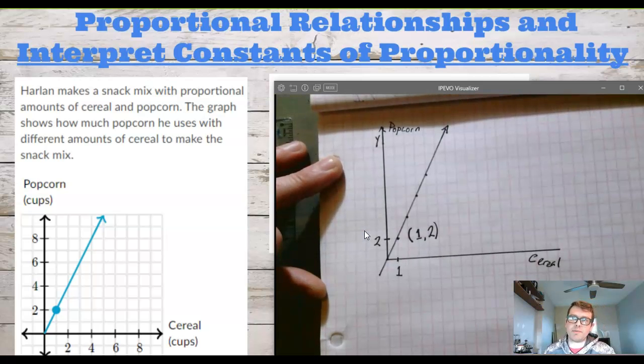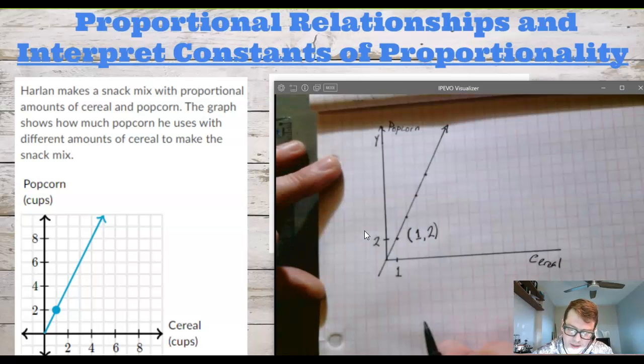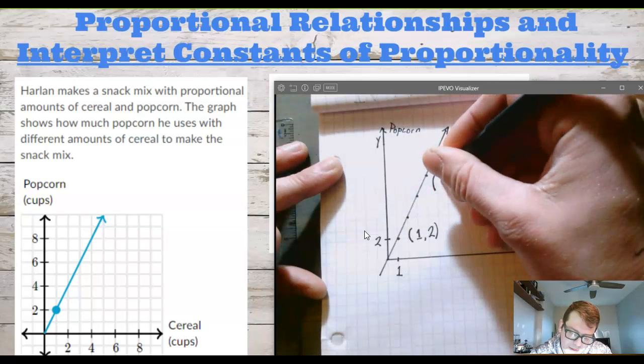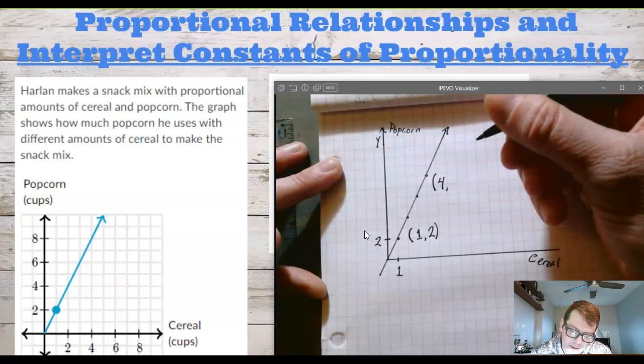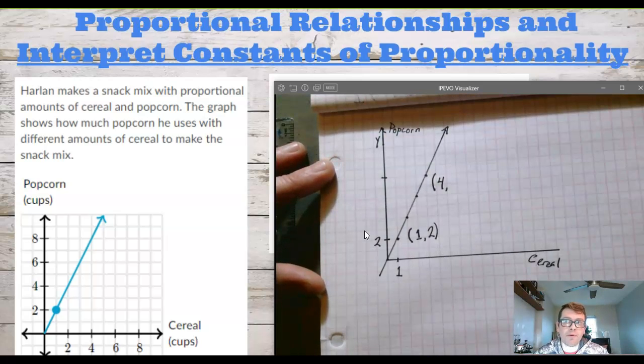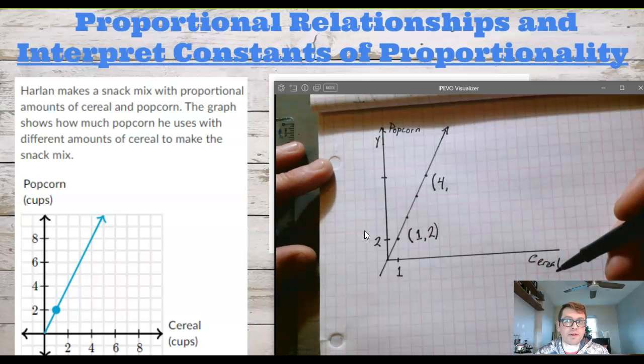Now, your graph doesn't have to be as big as mine, but there's other points along this line that we can find. So when x is 2, when x is 3, when x is 4. If I look at when x is 4 and I ask myself how much popcorn, well, guys, if I use 4 cups of cereal, how many cups of popcorn am I going to use?